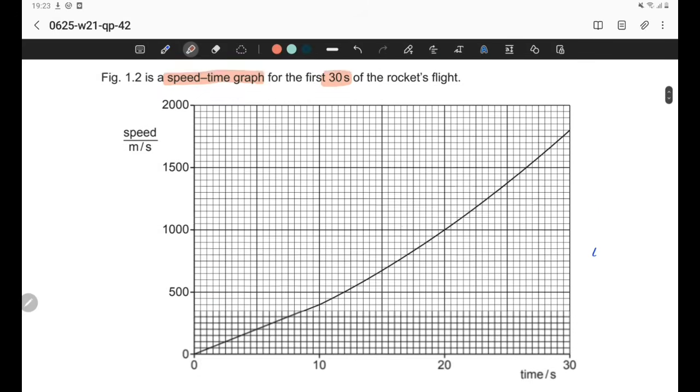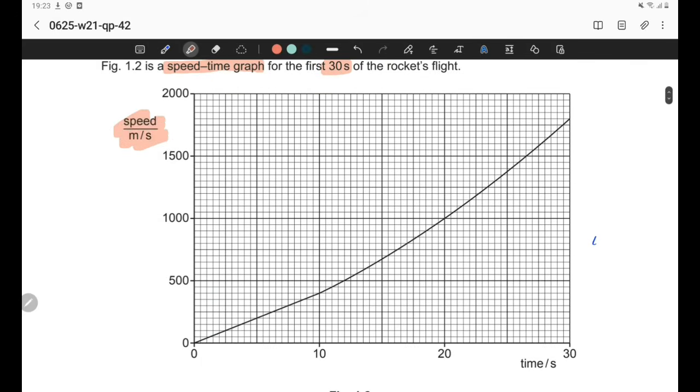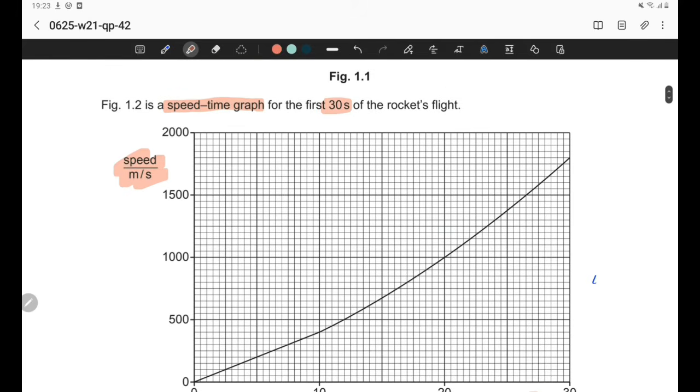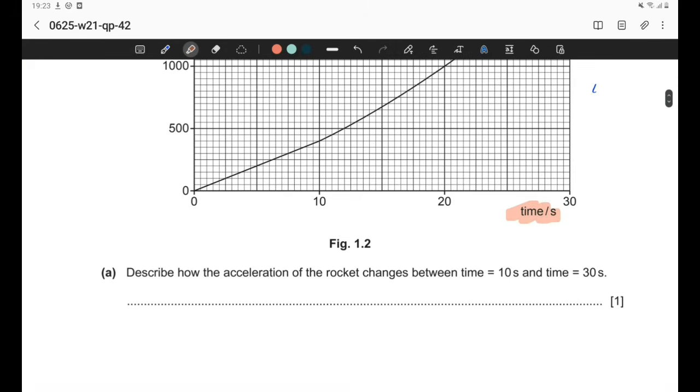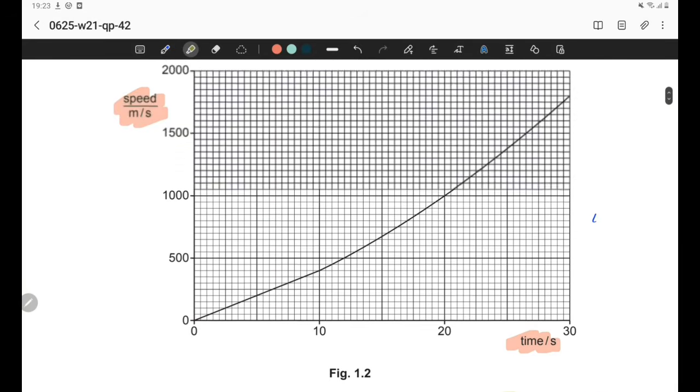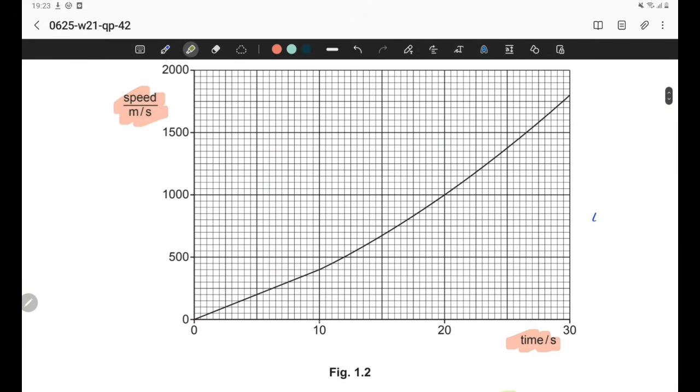So in this question we are provided with the speed time graph of the first 30 seconds of the rocket's flight. Part A, describe how the acceleration of the rocket changes between the time 10 seconds to 30 seconds. So we need to check how the acceleration changes between 10 to 30 seconds.